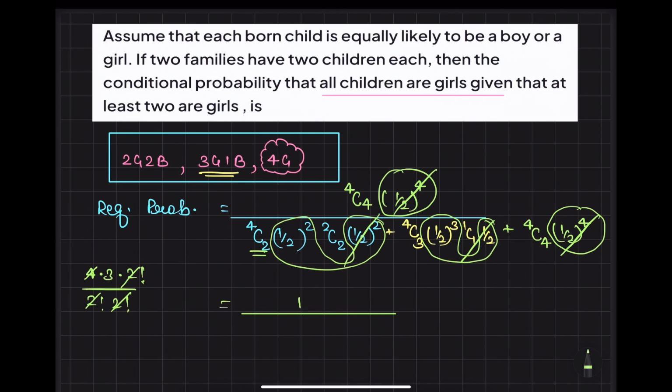This cancels and that cancels, and we are left with 6. So it is 6, and 2C2 is 1. 4C3 is 4, and 4C4 is 1. So it is 1 by 11. Therefore the required conditional probability is 1 by 11.